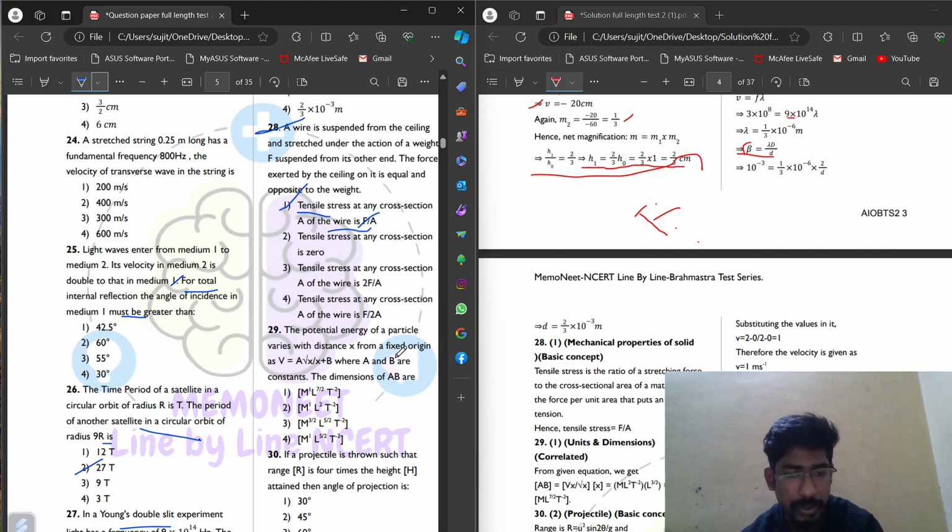Okay. Now next question: the potential energy of a particle varies with distance x from a fixed origin as V equals A root x by x plus B, where A and B are constants. Dimensions of A, B are? Okay, here V is potential energy.